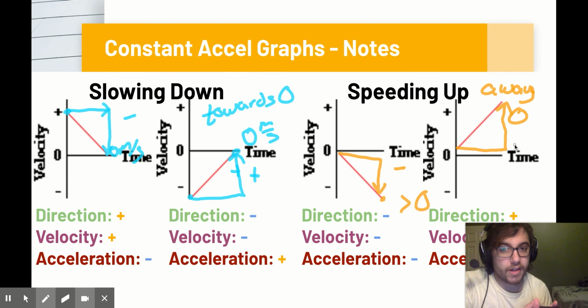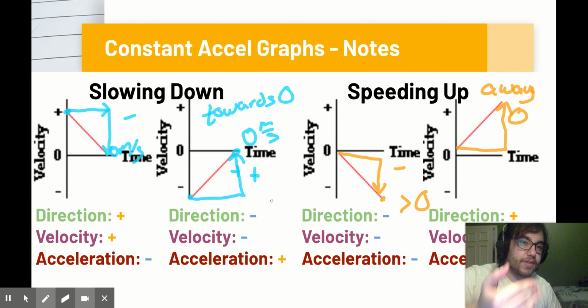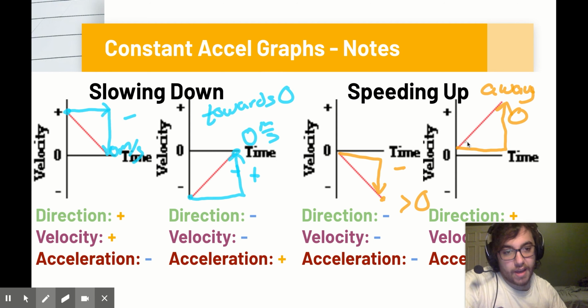Hopefully this is starting to make a little bit of sense. The biggest takeaway, I would say, is that slowing down means the velocity versus time graph is going towards 0. The position versus time graphs are going to have a slope that goes towards 0. And the exact opposite is happening with speeding up.